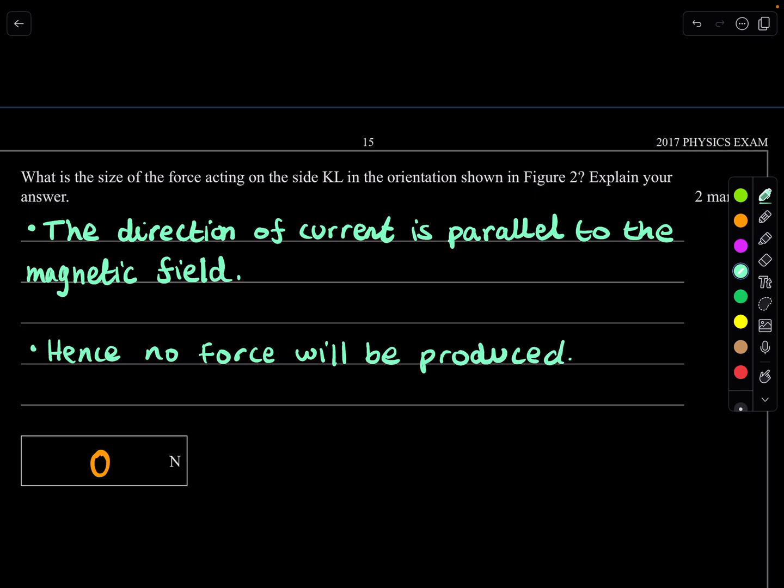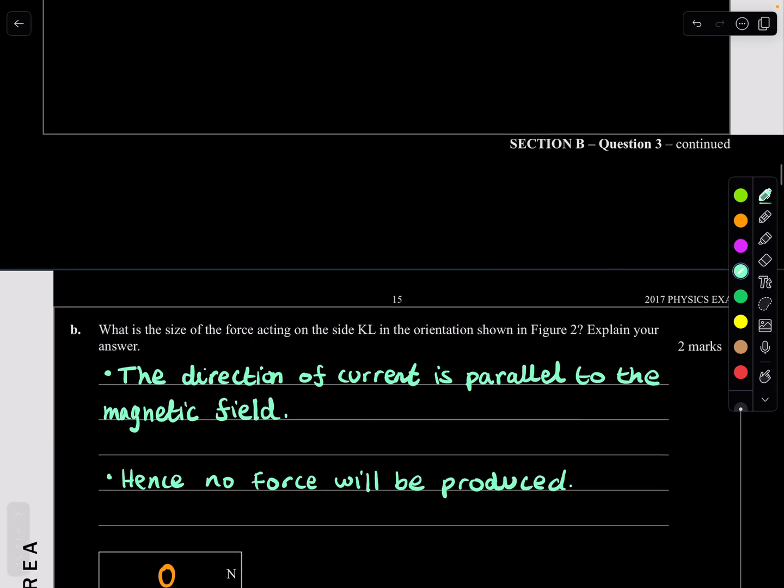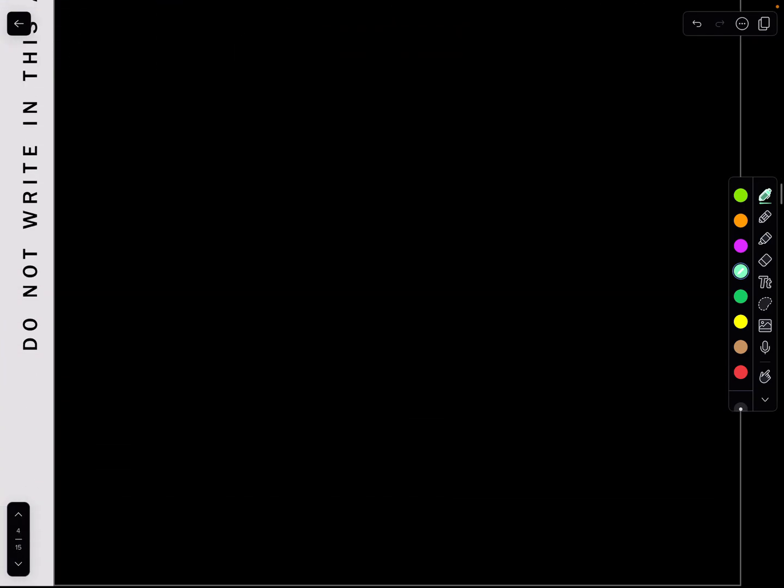Easy. Nice and done. So the direction of current is parallel to the magnetic field. And yeah, pretty much that's it.